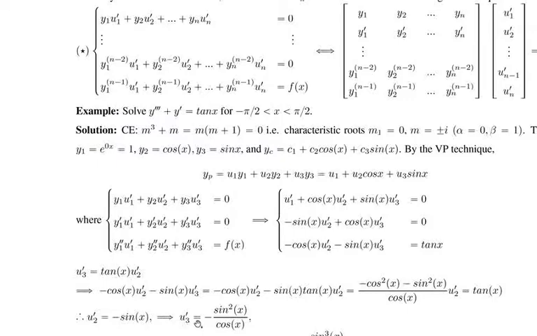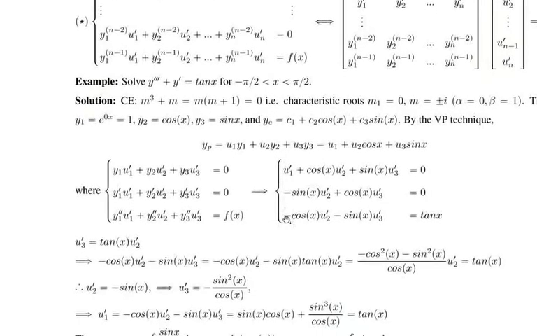So u3 prime is going to be minus sine x times tan x, which is minus sine squared x over cosine x. So we're done with u3 prime and u2 prime. We need to plug them into the first equation to find what u1 prime is. So u1 prime is going to be minus cosine x times u2 prime, which is sine x cosine x, minus sine x times u3 prime, which will be equal to sine cubed x over cosine x.